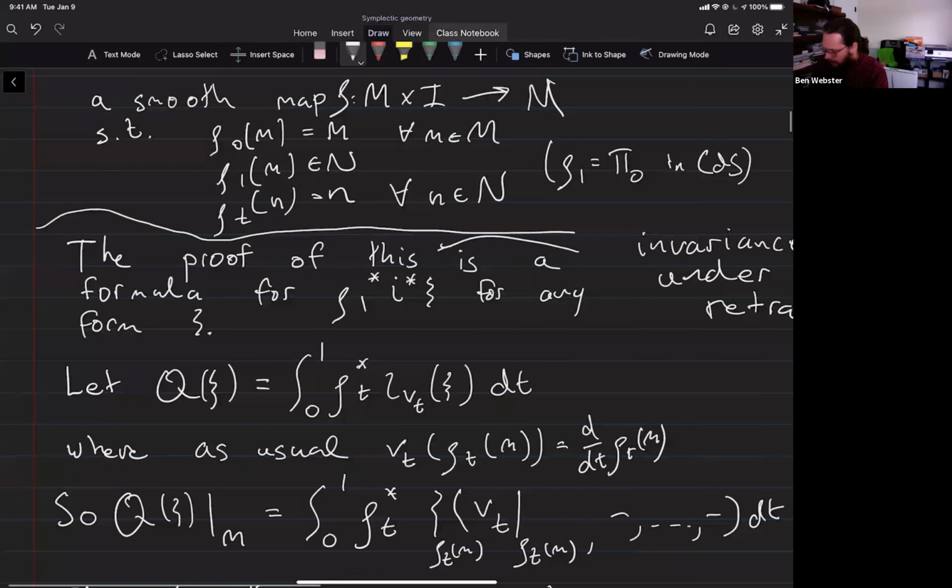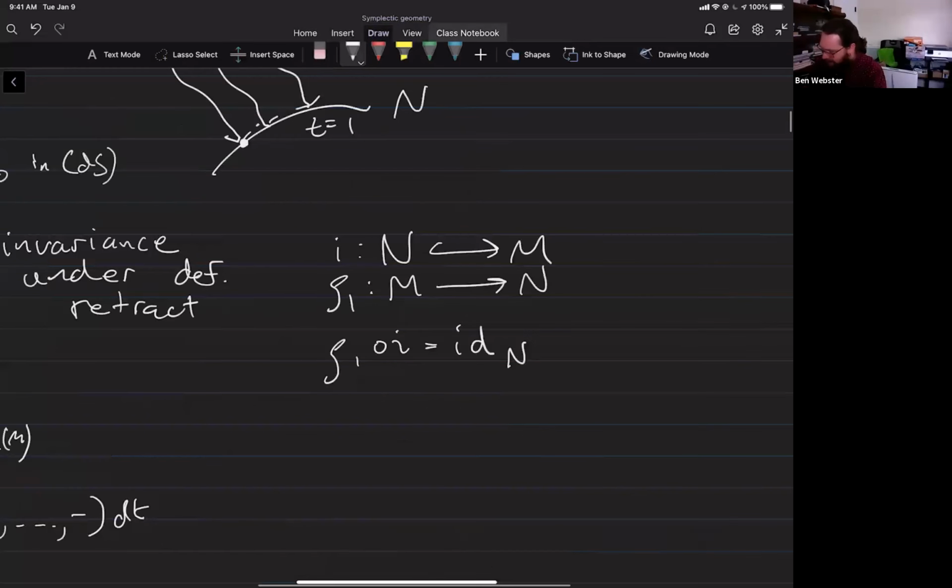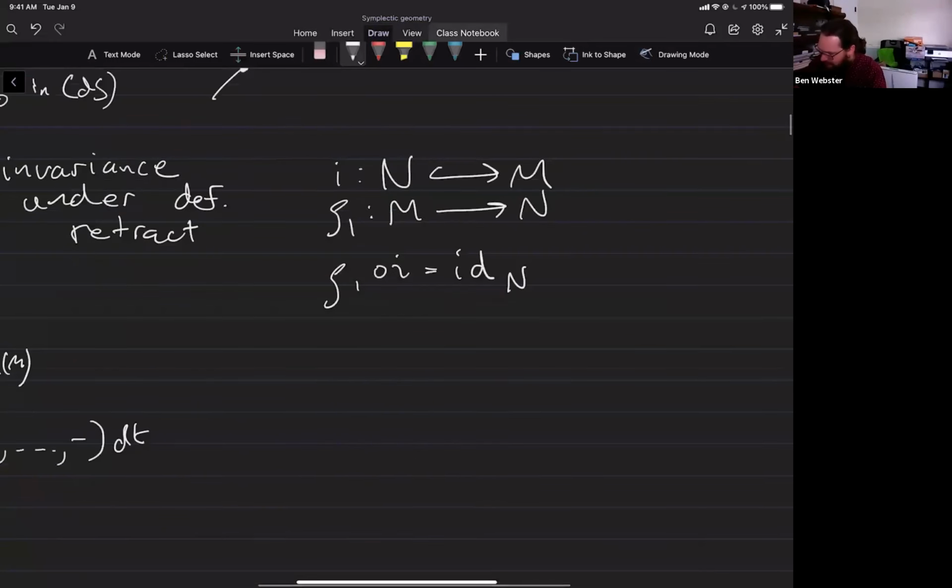Okay, so I compose these in the other order, and I pull back by them. The claim I want to make is that these maps induce maps on forms.